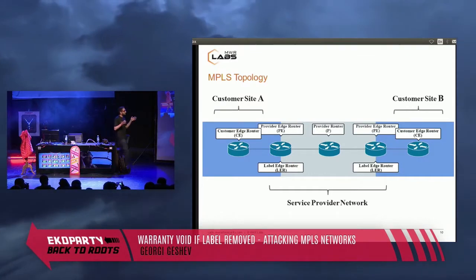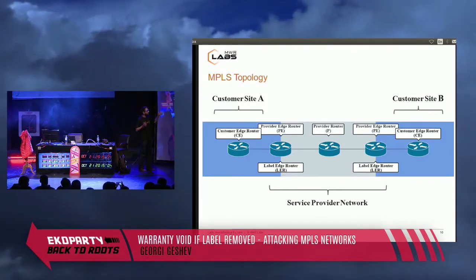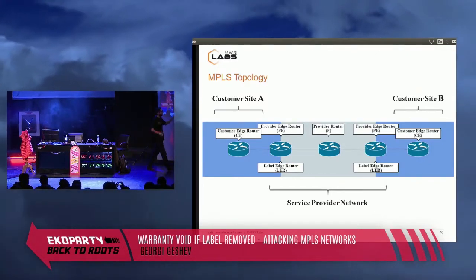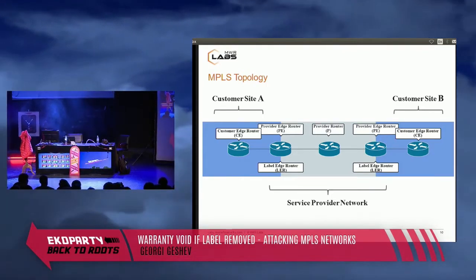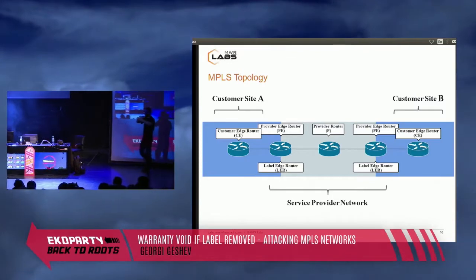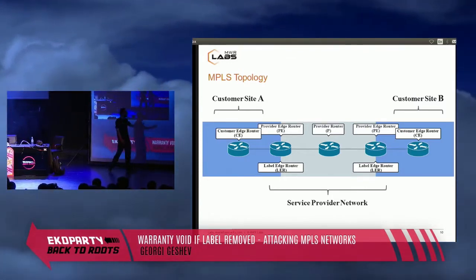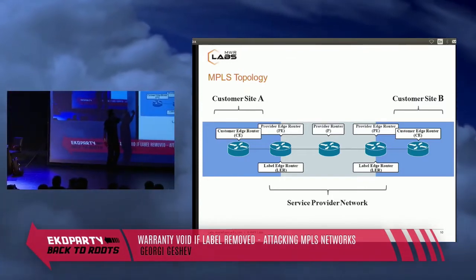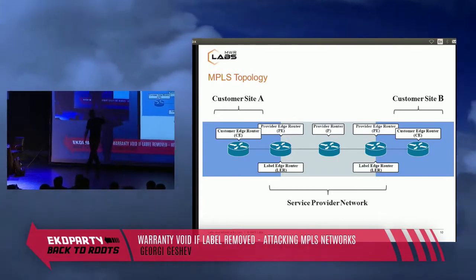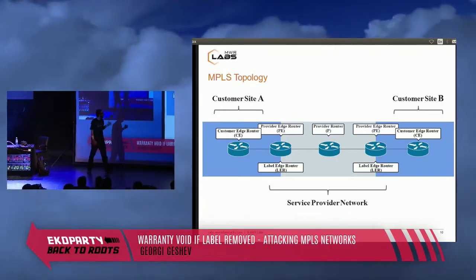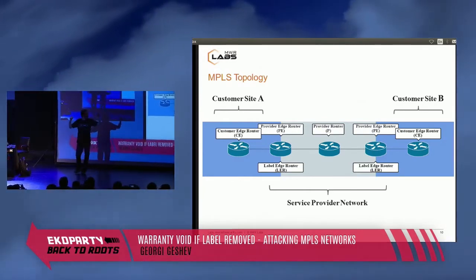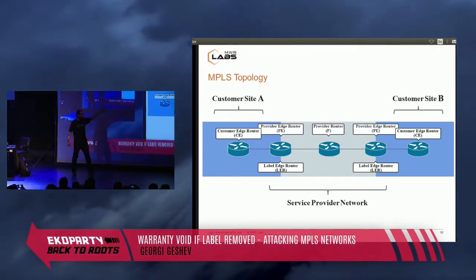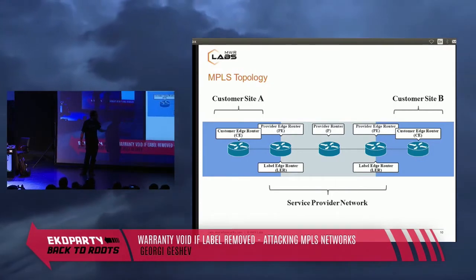Now, this is the most basic example of what an MPLS network would look like. You have the customer edge device, which is basically where the customer network ends and connects to the provider, connecting to the provider edge device, or the PE. Then the core backbone of the network is basically what they call provider routers, or just P devices.